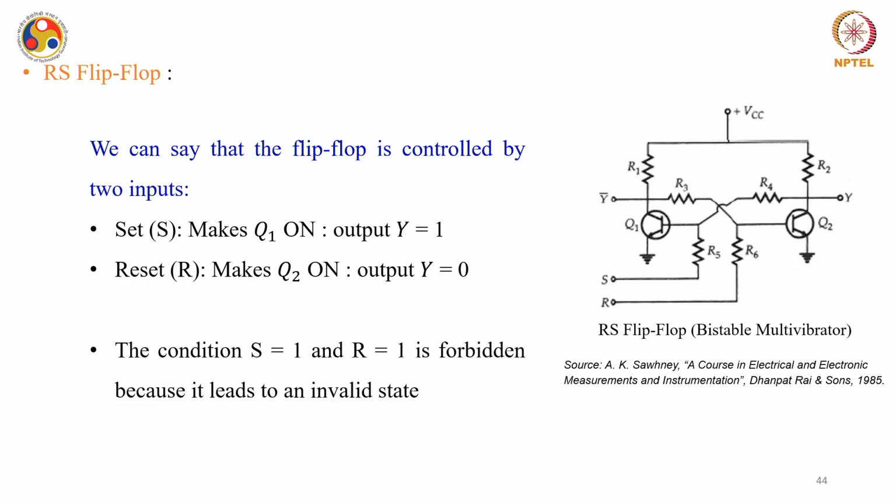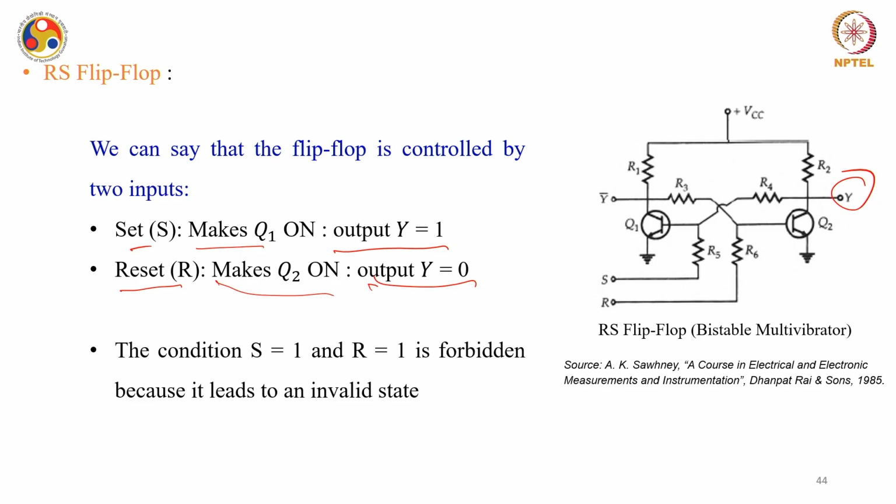Now we can say that the flip-flop is controlled by two inputs, set and reset. When I say set, it makes Q1 on and the output is 1. Y, I'm considering Y as the output. When you are resetting it, it means that you are making Q2 on, and in that case the output Y will be equal to 0.